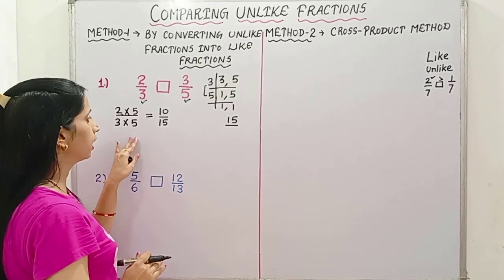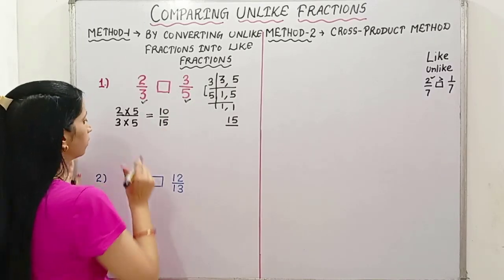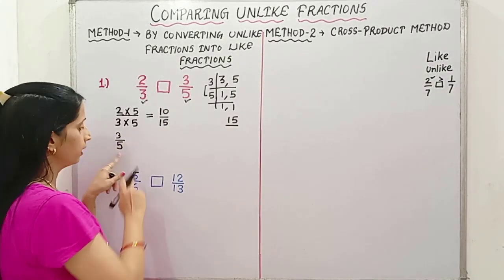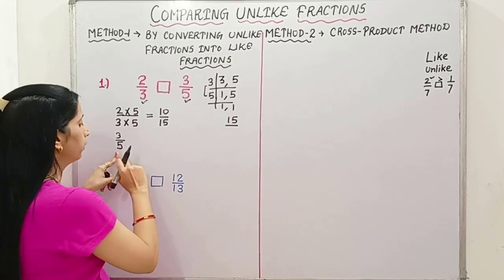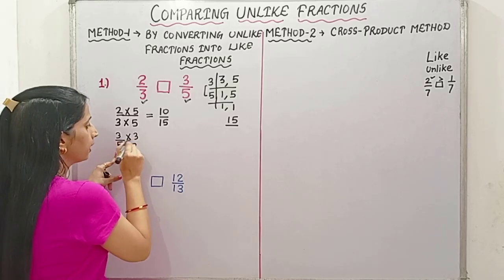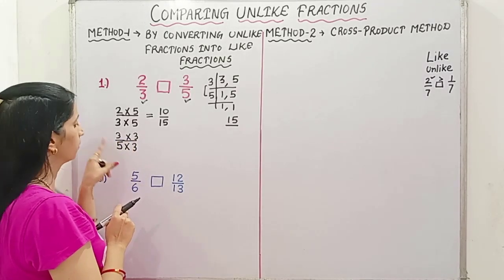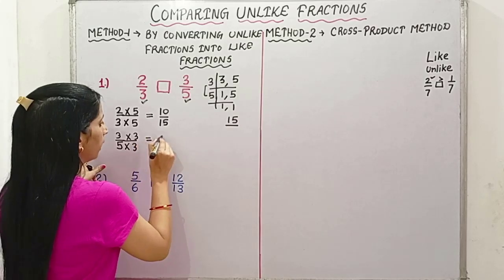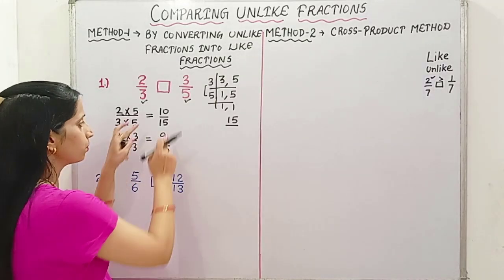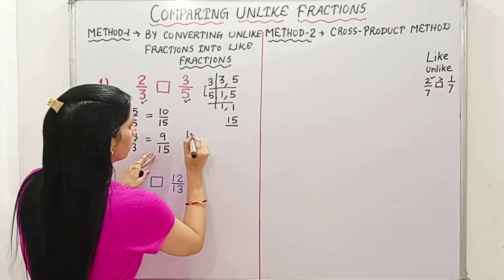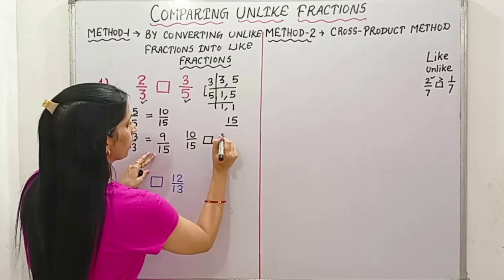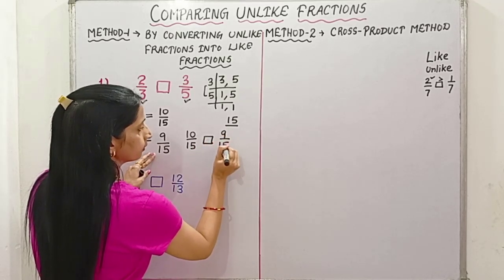Now the same we will do for the second fraction, 3 upon 5. To make the denominator 15, we have to multiply by 3. By the same number we will multiply in the numerator. It will become 3 3s are 9, 5 3s are 15. So now you can see that the first fraction has become 10 upon 15 and the second fraction has become 9 upon 15.